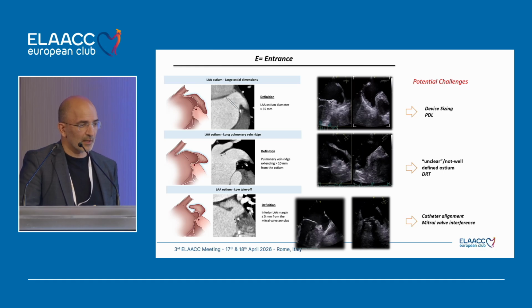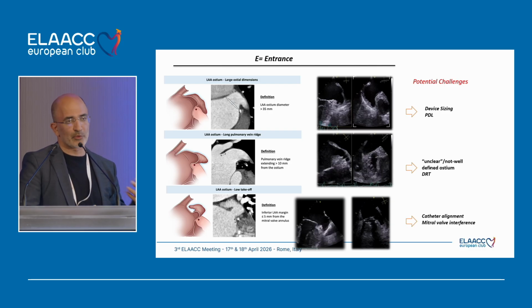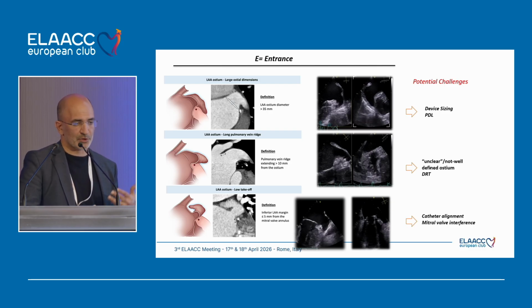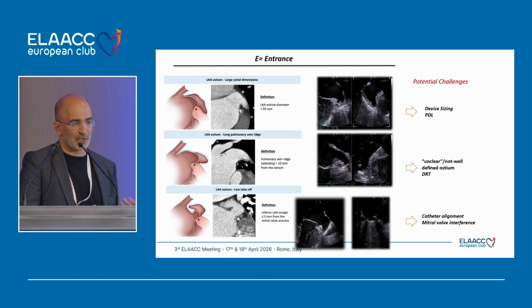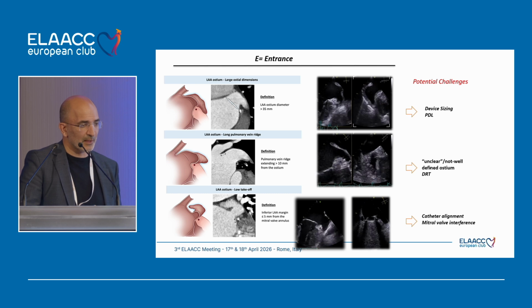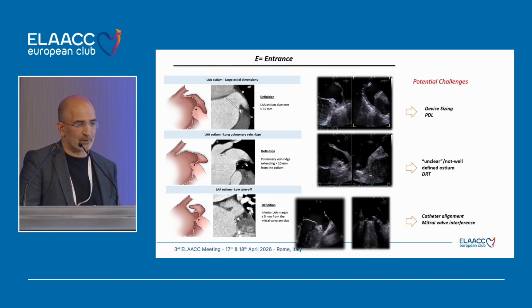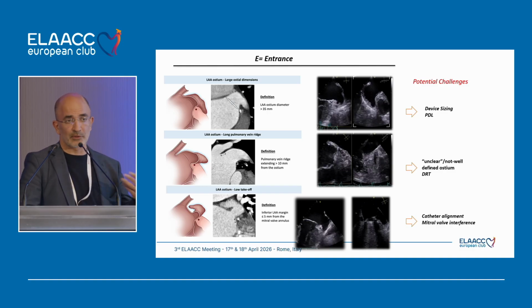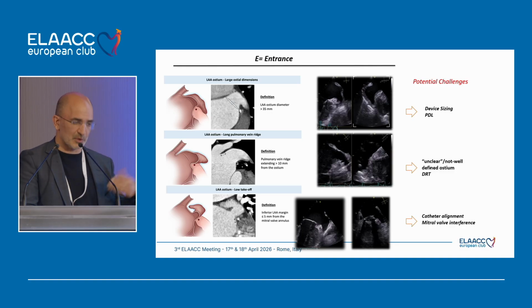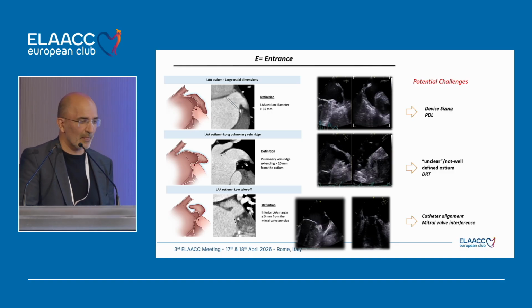So for the entrance, the definition was an LA ostium diameter of more than 35 millimeter, and every time we tried to figure out what would be the potential challenges. For example, here it was challenging in terms of device sizing and also increasing the risk of peri-device leak. And then there was a long pulmonary vein ridge, which was defined as a ridge extending more than 10 millimeter from the anatomical ostium, and that could, as a consequence, have an unclear, not well-defined ostium, and also increase the risk of device-related thrombus, which has been shown in the CHAVI registry.